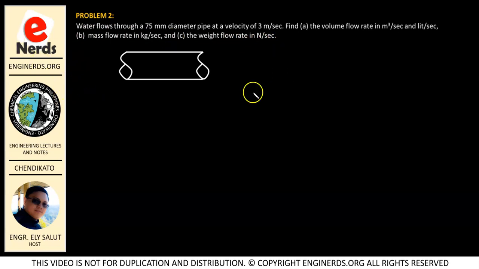Okay? So, we're going to write first our given here. This is our pipe with a diameter of 75 millimeter. And our water is flowing in our pipe with a velocity of 3 meter per second. So first, let us solve for our volumetric flow rate in cubic meter per second.